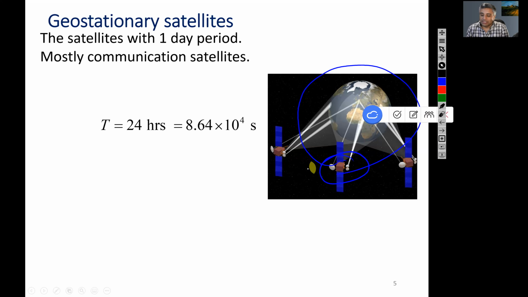They transmit the signal from Earth to the satellite, and the satellite retransmits it back to the Earth so that it covers a larger area. To cover 360 degrees, you need at least 3 such satellites going around, okay? So any communication company that has worldwide coverage has at least 3 satellites going around the Earth.